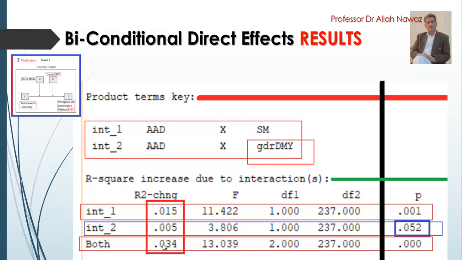However, the result of the first is significant, while interaction term 2 has made a limited R square change as well as it is insignificant with 0.052, meaning that it is greater than the required 0.05.